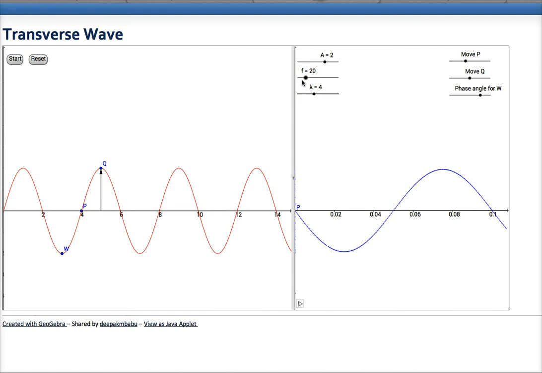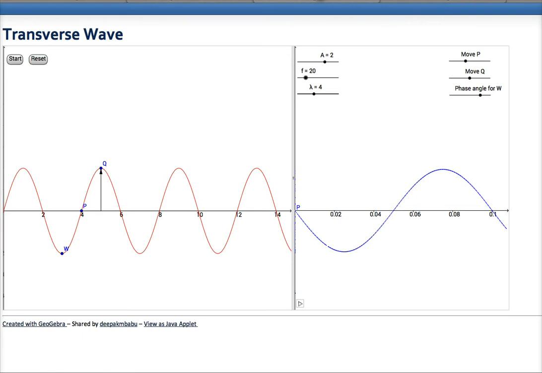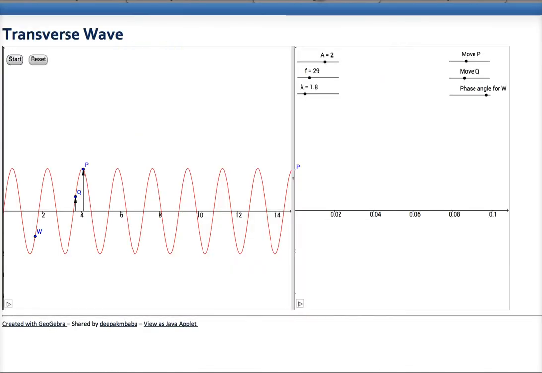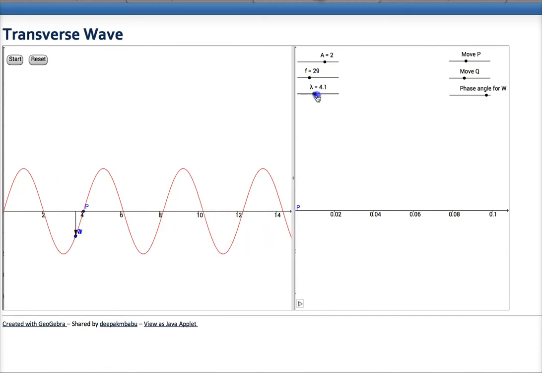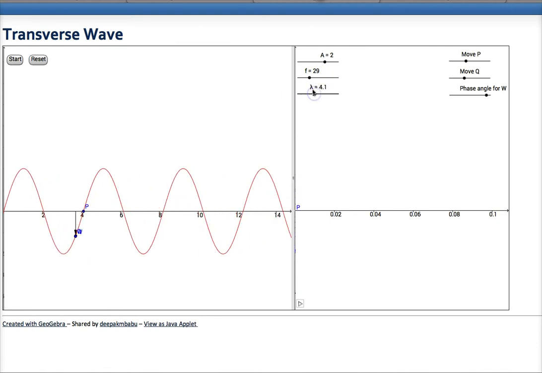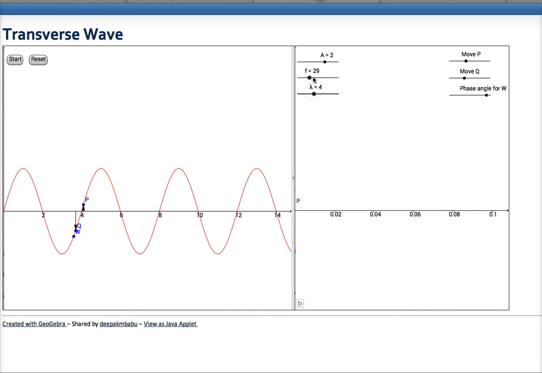Okay. Now, I'm going to reload this. Oh, I needn't have done that. Never mind. So lambda was 4 meters. This was 20 Hertz.